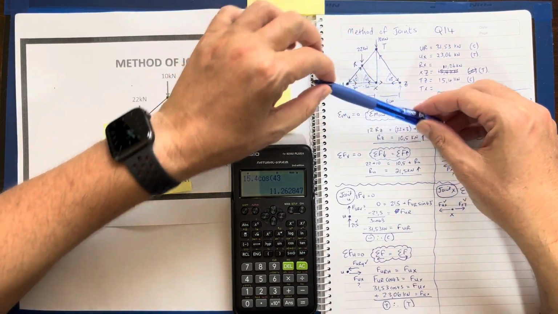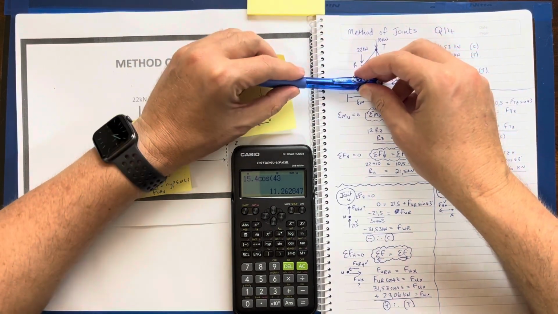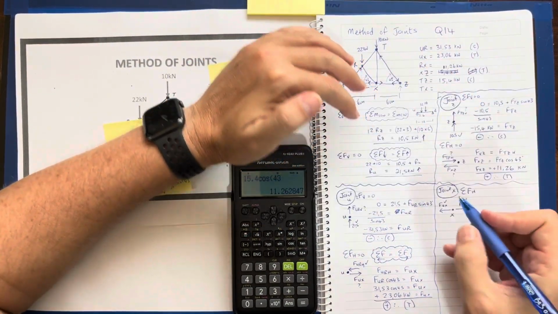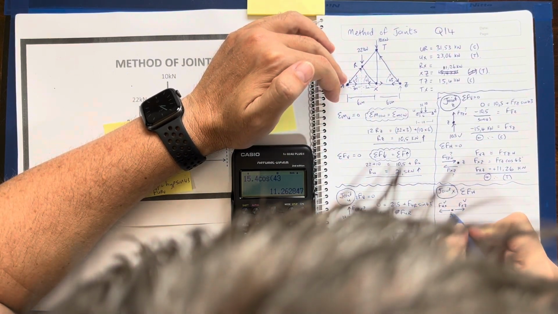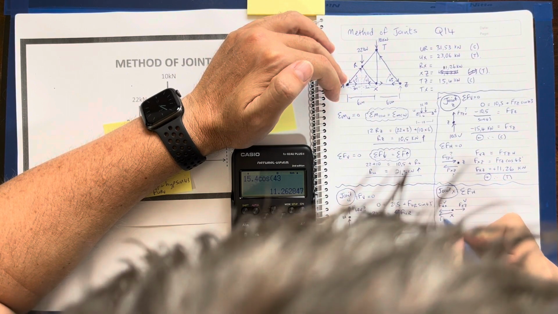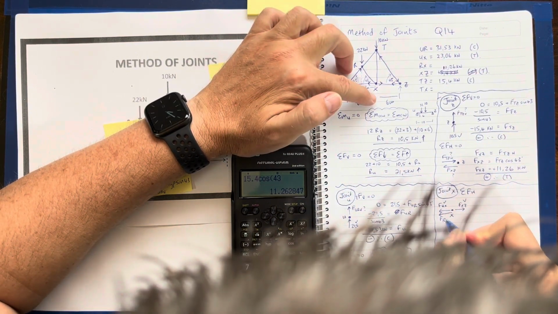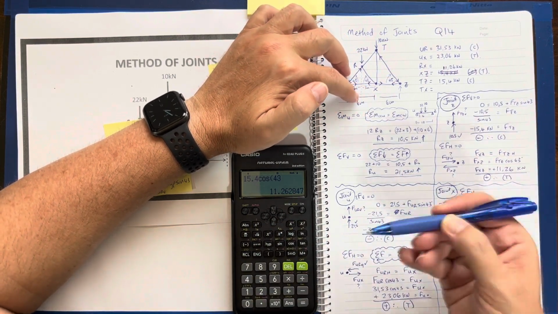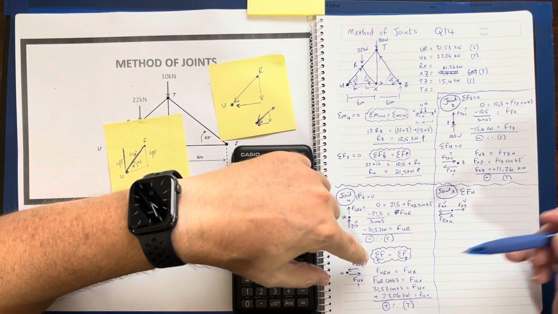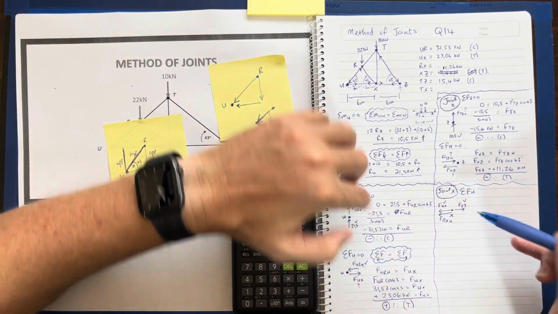I want to find its horizontal. I don't know which way it's going, so I'm going to assume it's traveling away from the joint. So I'll go force Rx horizontal. So I have two forces going left and one force going right, and I jump straight back to here. I put my left forces in that way and my right forces on that side.